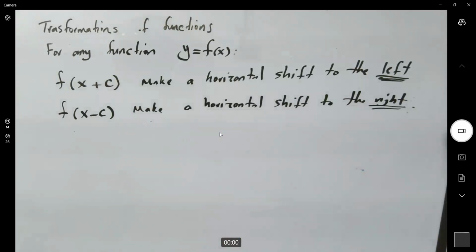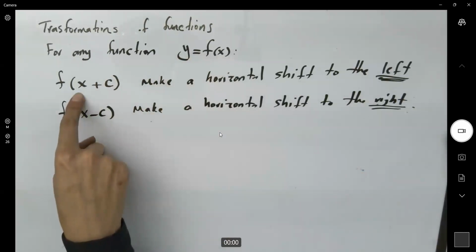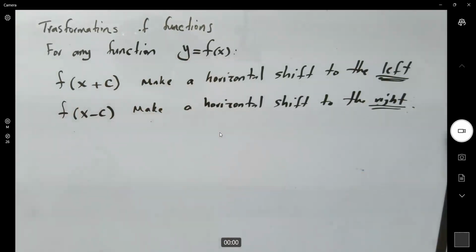Well, so this is y equals f of x. I only make changes to my x value. I expect you to ask, what if I add or subtract a number from my y? What observation do we have?